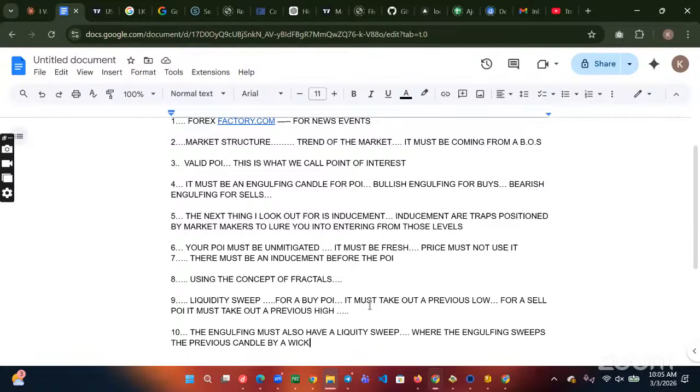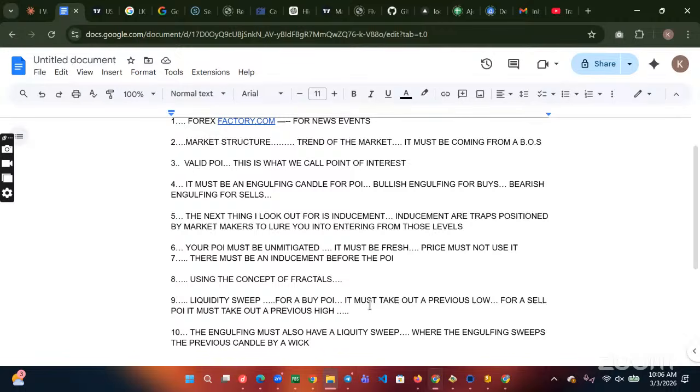So we have engulfing. E is for engulfing. I is for inducement. Sweep will be used for S. Let me just drop it. So if you check the WhatsApp group, you would notice almost all the criteria are met.